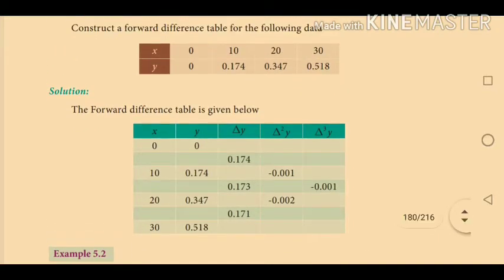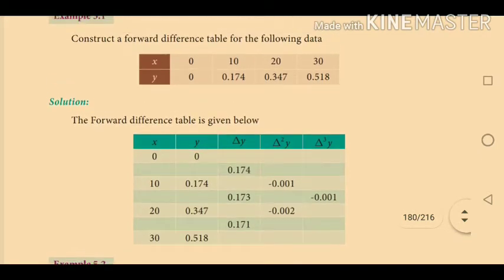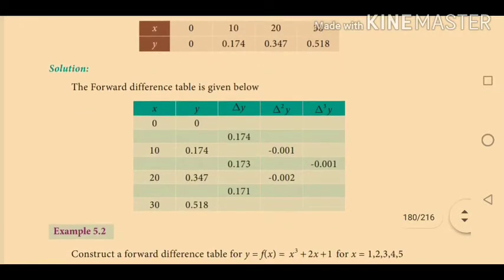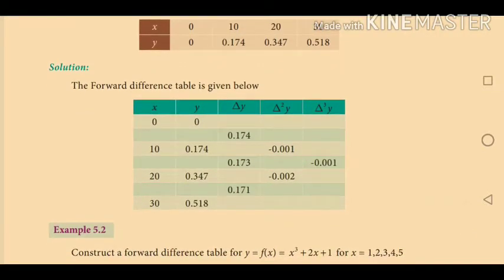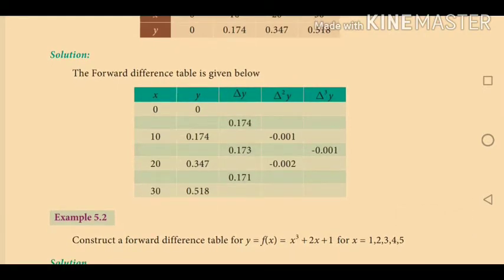We fill the first column with x: 0, 10, 20 and 30, and y is given in the question itself: 0, 0.174, 0.347 and 0.518. In the third column, delta y, the first entry is found by subtracting the first element in the y column from the second: 0.174 minus 0 equal to 0.174.